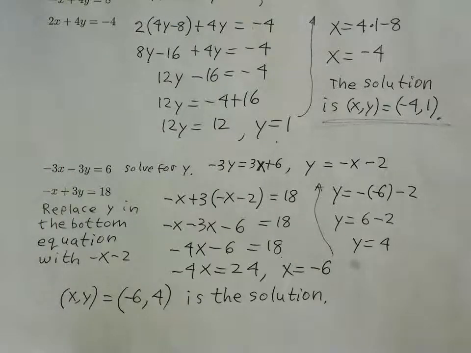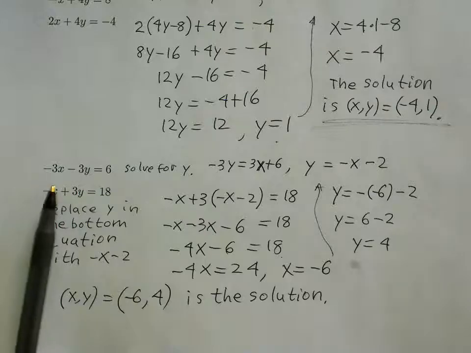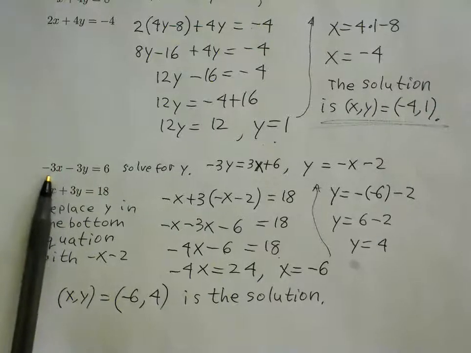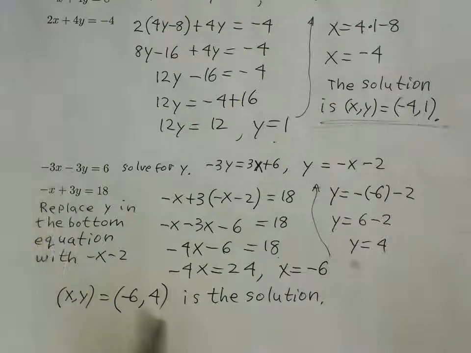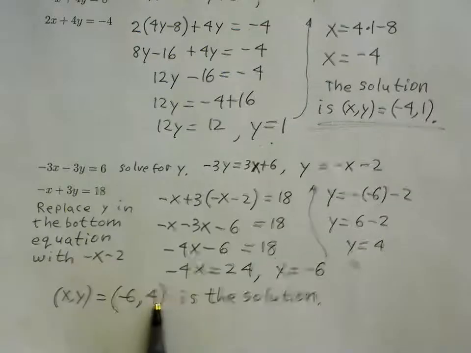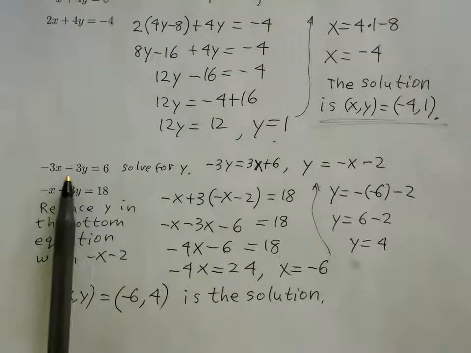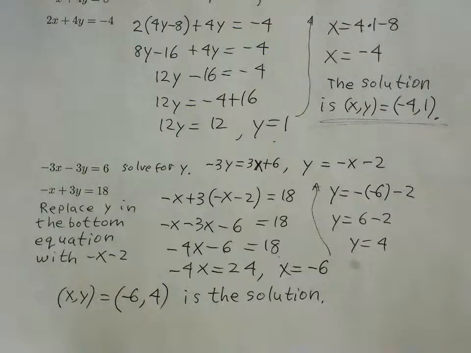You can almost do that visually. Right? Negative 3 times negative 6 is positive 18, and 18 minus 3 times the y-coordinate 4, so 18 minus 12 equals 6. That's true.